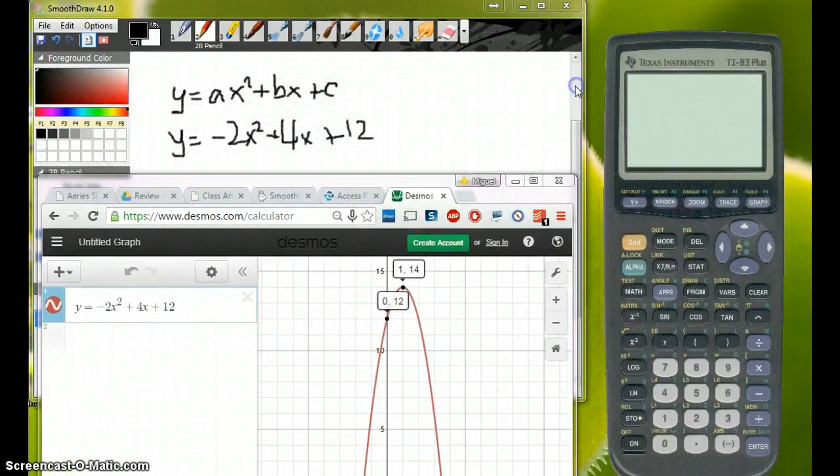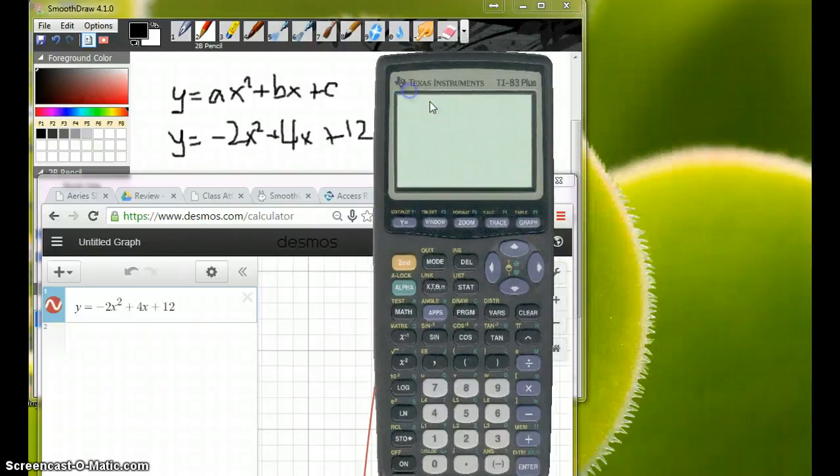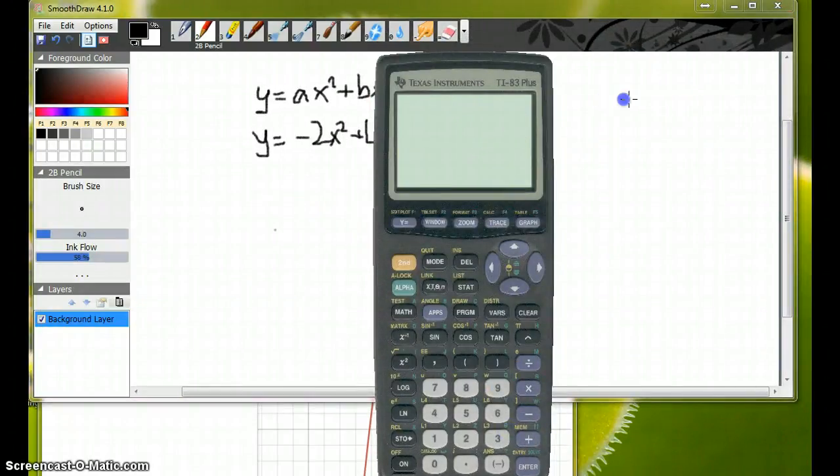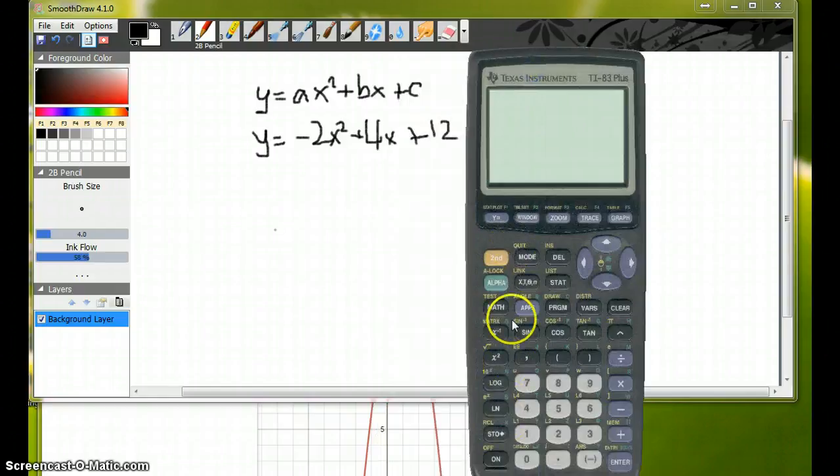I also have a calculator emulator. Pretty cool. I just found it. And we can type this in the calculator as well. We put y equals, turn it on, y equals negative 2x squared plus 4x plus 12.